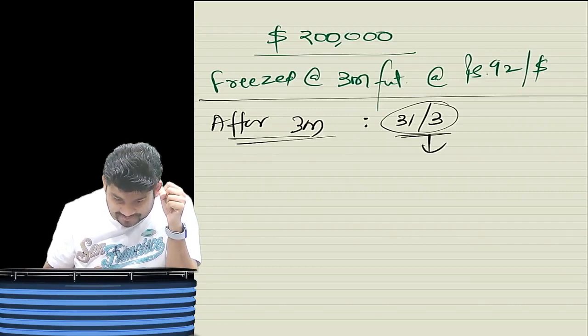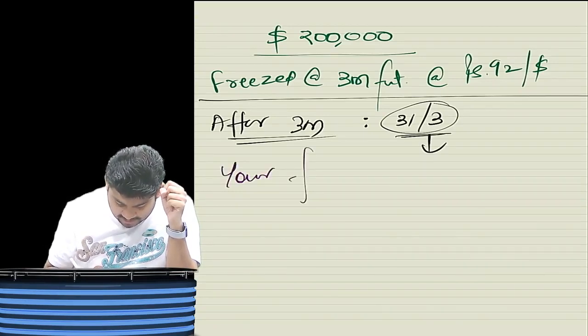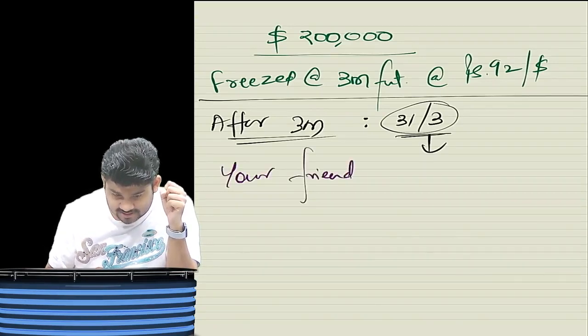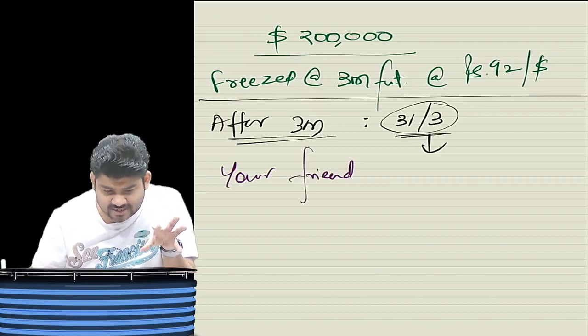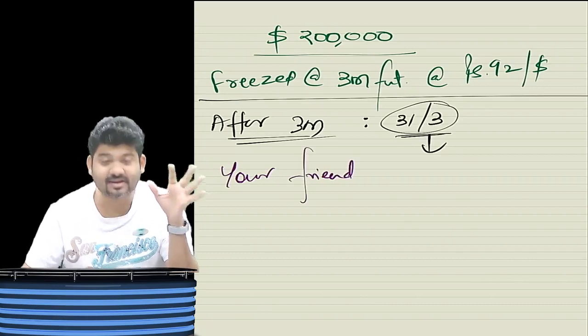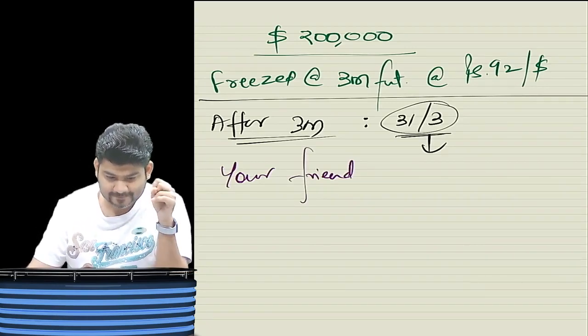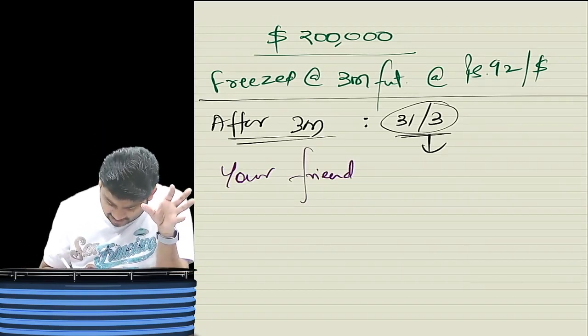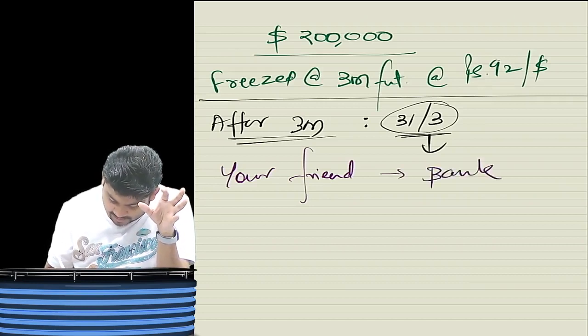Correct. Now, your beloved friend, correct. Execute. Very good, Sai Pujanaka. Execute the contract at the freezed rates. So, your friend will now go to the bank, right?